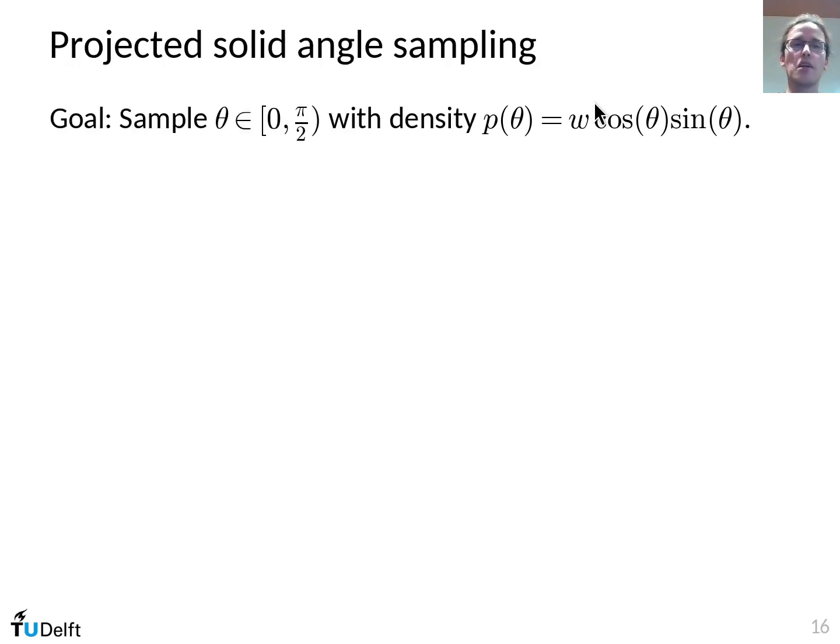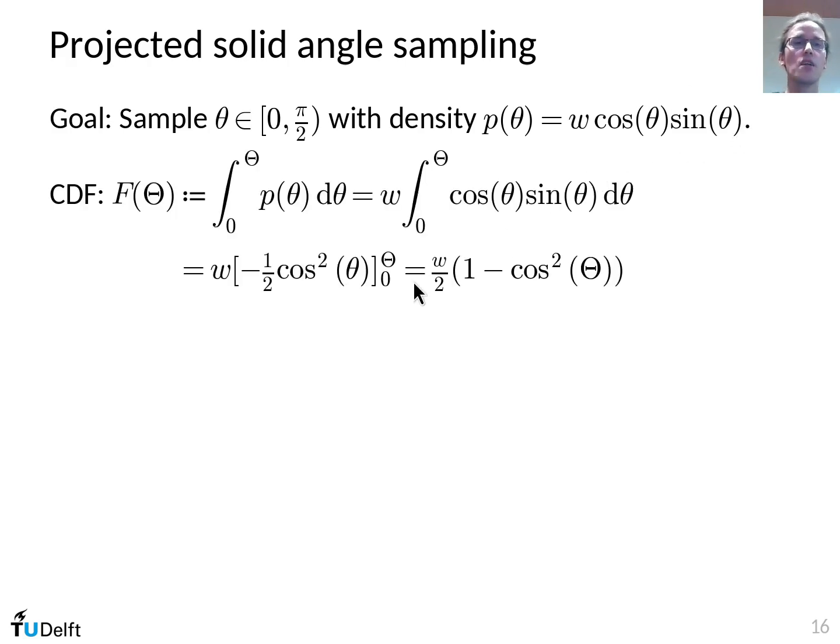Now we want to derive this projected solid angle sampling. So we want to sample this inclination angle theta from 0 to pi over 2 with a density that's proportional to cosine times sine of theta. To do so, we use inverse CDF sampling, and for that we first have to compute the CDF, and that's an integral over the density.